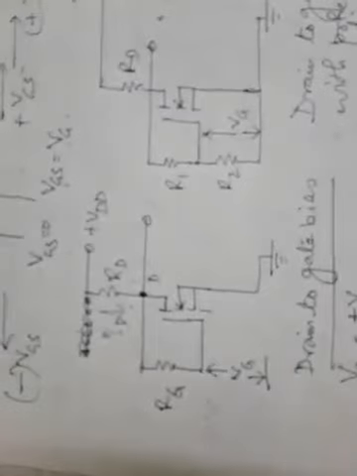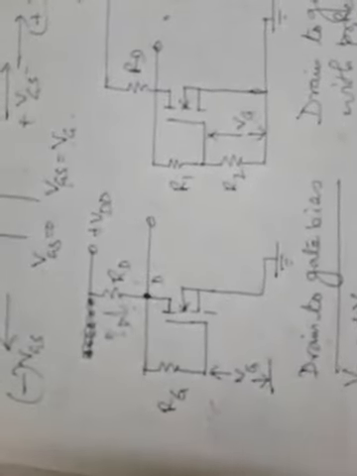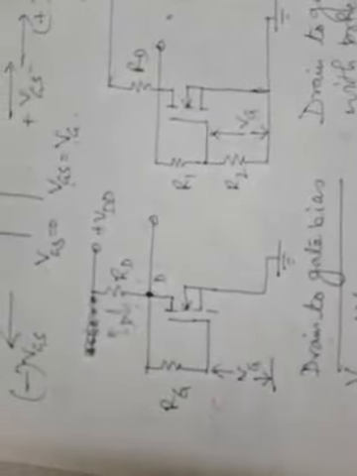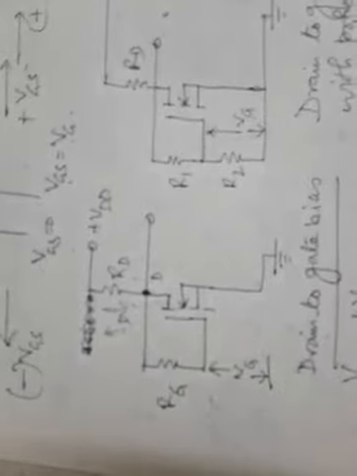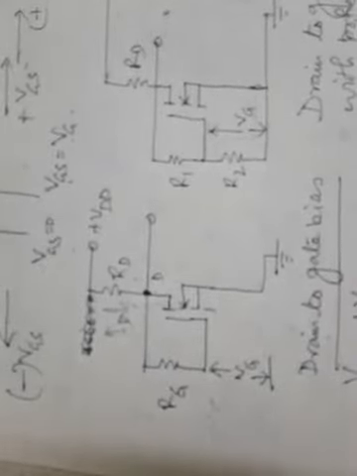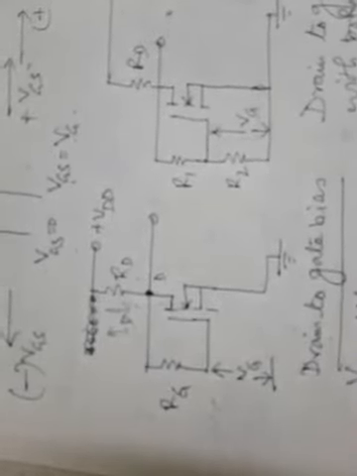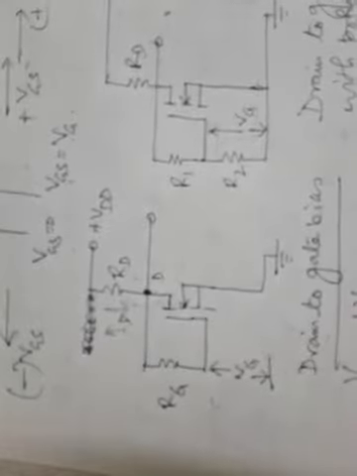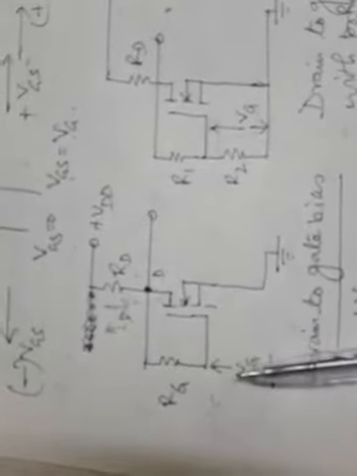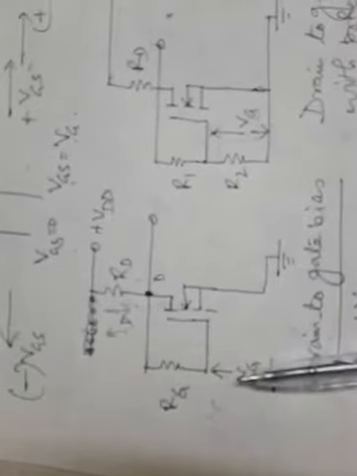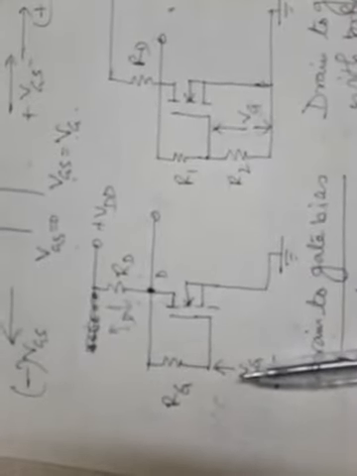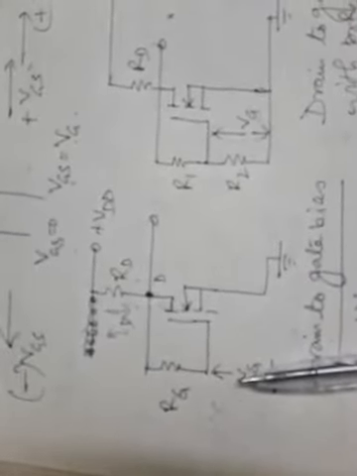This equation is used to draw the bias line for this particular circuit, and from there the different points with respect to the DC operating condition can be achieved.